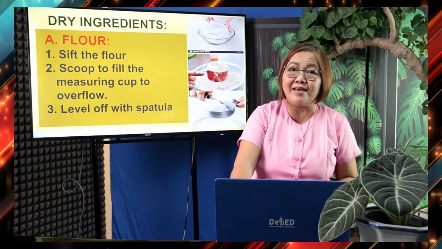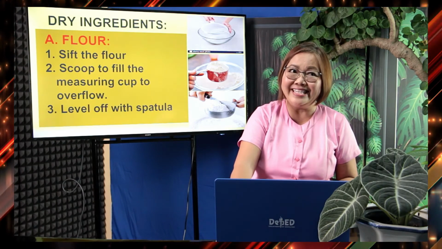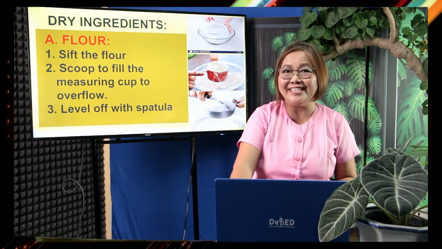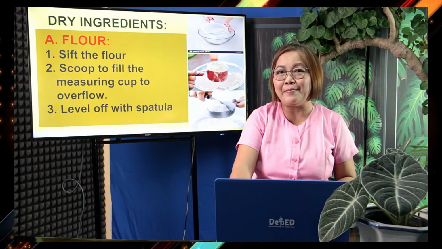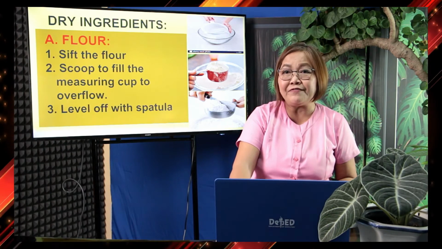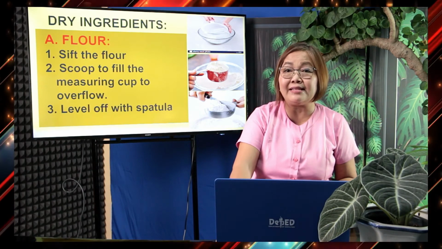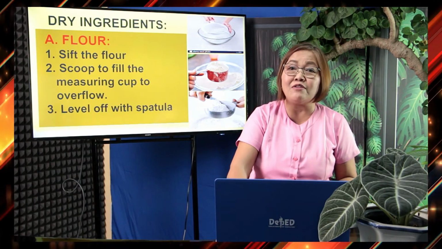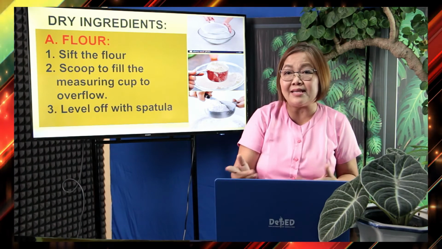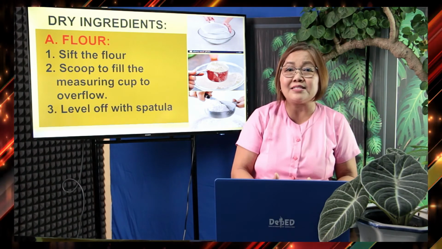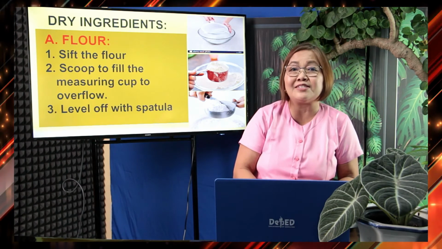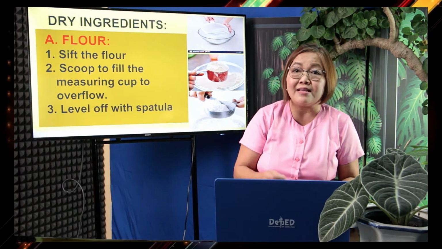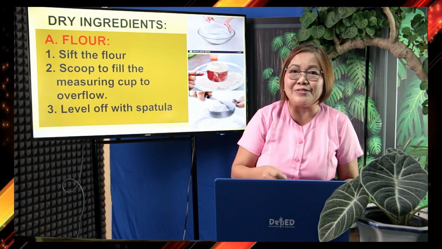Now, when you say sift, meaning we are going to place the flour in a sifter for sifting. Sifting is used to separate a dry mixture which contains substances of different sizes by passing it through a device containing tiny holes like a strainer. Or in other words, in Bisaya, that is ato ang ayagon.